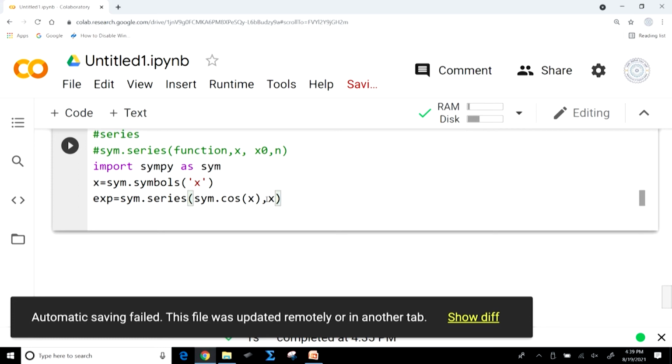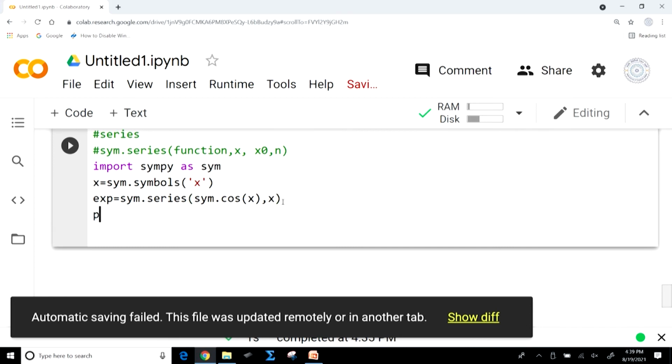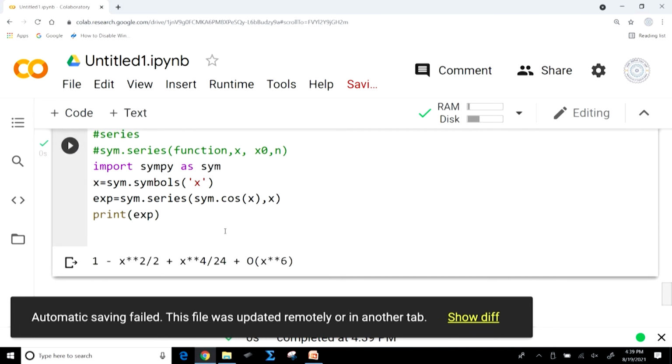If you are not writing x naught and n here, by default it will take x naught as 0 and n as 6. So, let us print this exp. This is the expansion of cos x at x equal to 0 up to order 6.